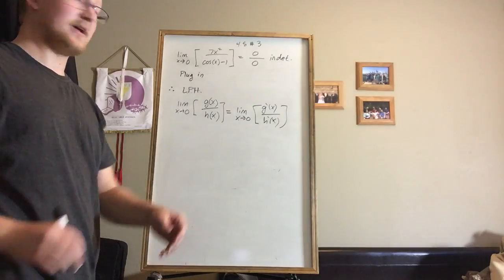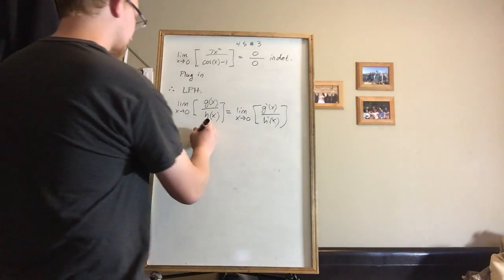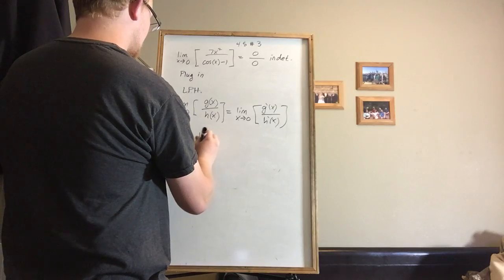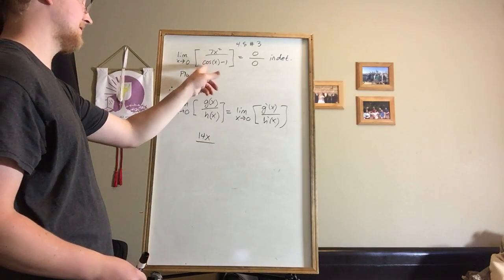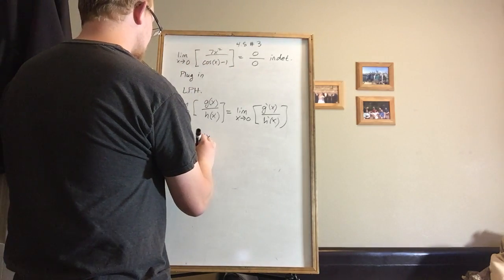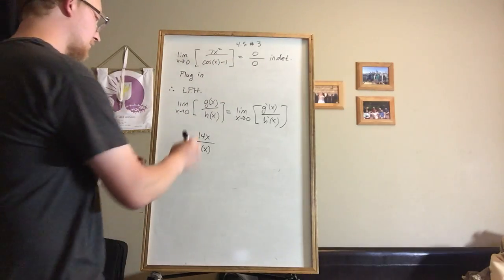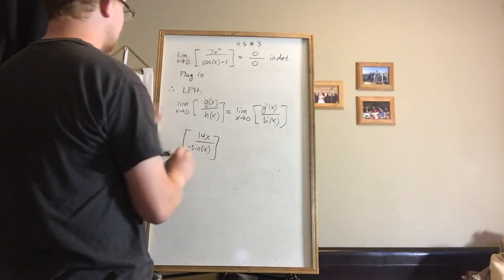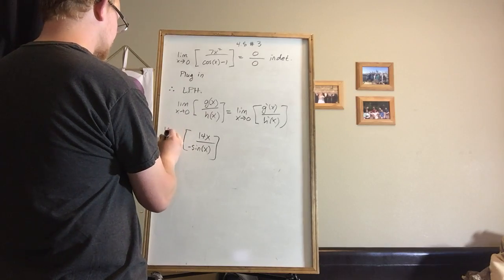In our example, we take the derivative of 7x squared, which is 14x, and divide it by the derivative of the bottom, cosine of x minus 1. The derivative of that is negative sine of x, and the derivative of negative 1 is 0. So now we've shown that this limit is equivalent to this limit using L'Hopital's rule.